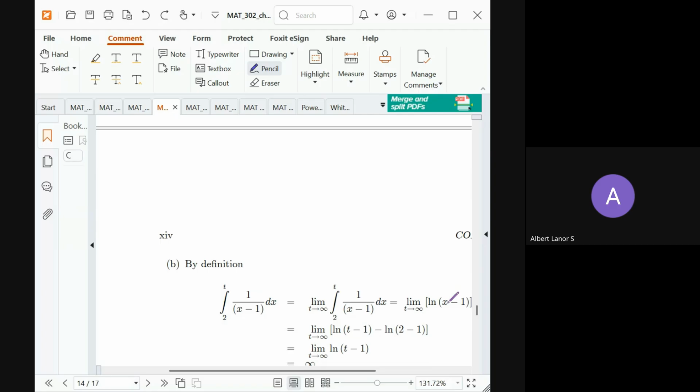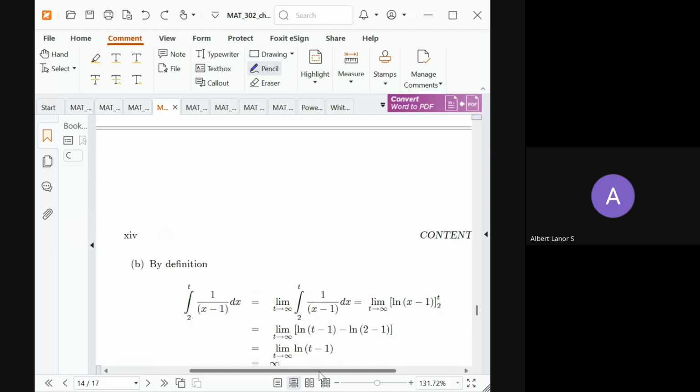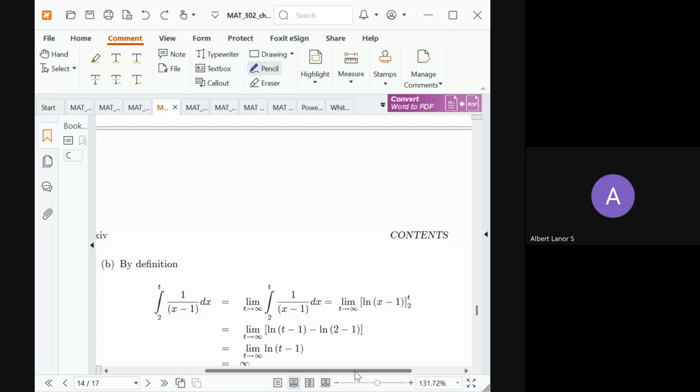Now let's take the second example. We are going to integrate 1 over (x minus 1) from 2 to t, where the upper limit should be infinity, then find the limit as t goes to infinity. When you integrate 1 over (x minus 1), you have ln of the denominator.